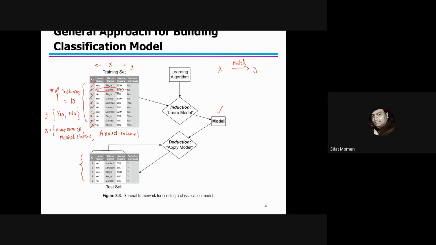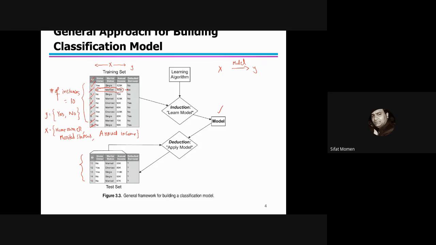So we have some X values and we do not know the corresponding Y values. Let's imagine these are our new customers, potential customers who have applied to the bank for a loan. So the bank wants to predict: shall the bank actually give the loan to these instances, the IDs 11 to 15?